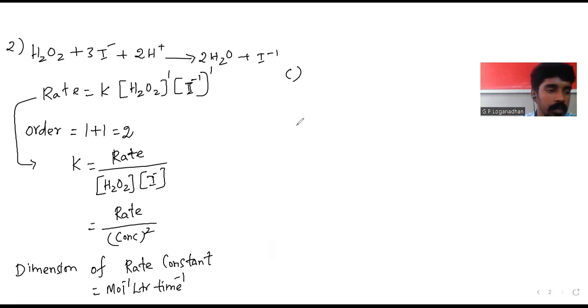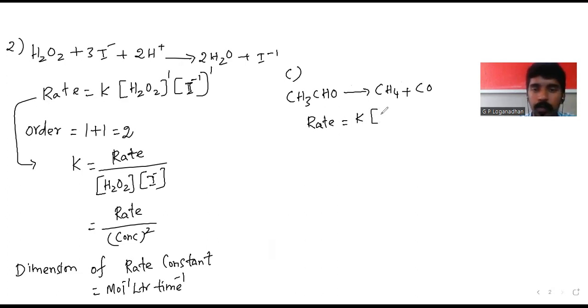The question is CH3CHO gives rise to CH4 plus CO. Rate of the reaction equals K into concentration of CH3CHO to the power 3 by 2.